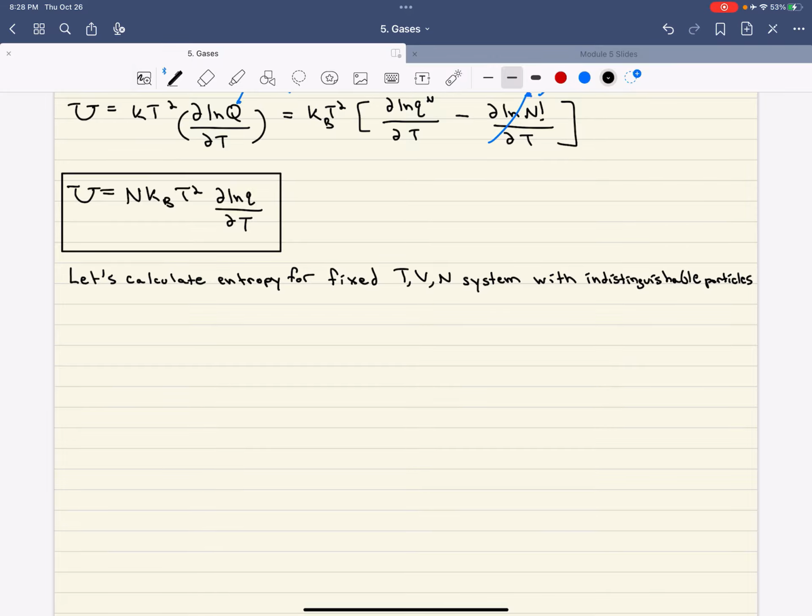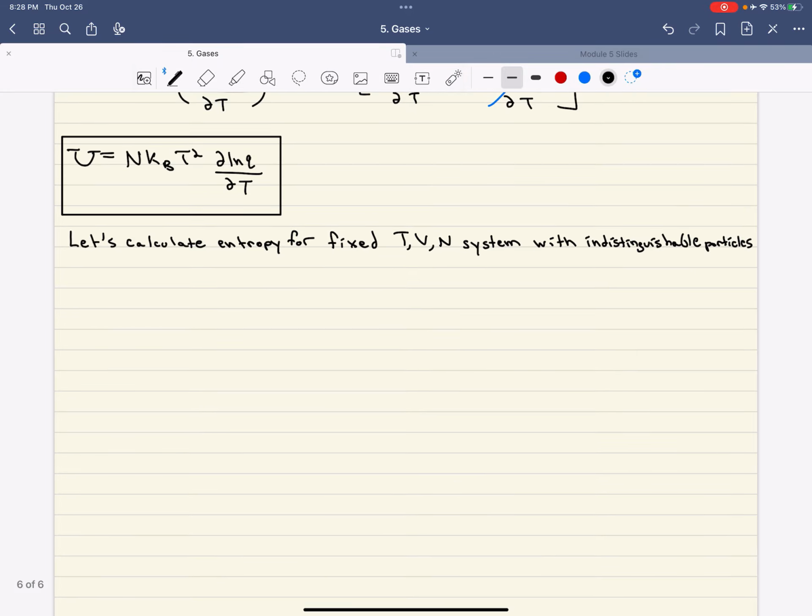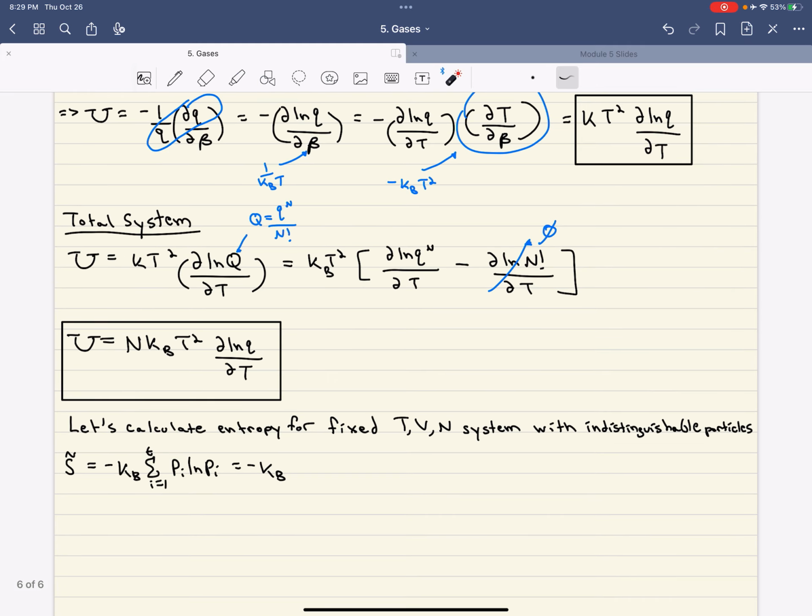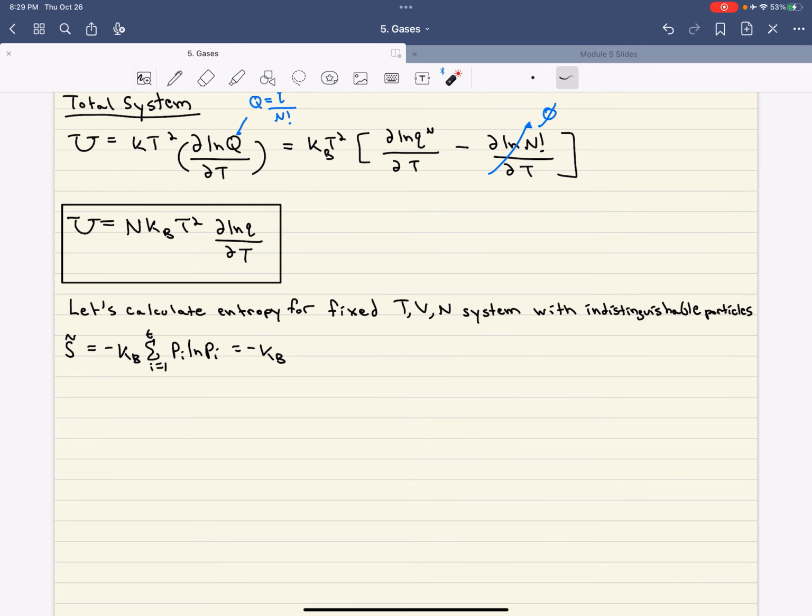Okay? All right, so previously we showed that the entropy can be written as a function of probabilities like this. Okay? All right, and so since we're dealing with the total system, we could rewrite the probabilities in terms of the total system partition function, and it will look like this. So we just plug in the probabilities.